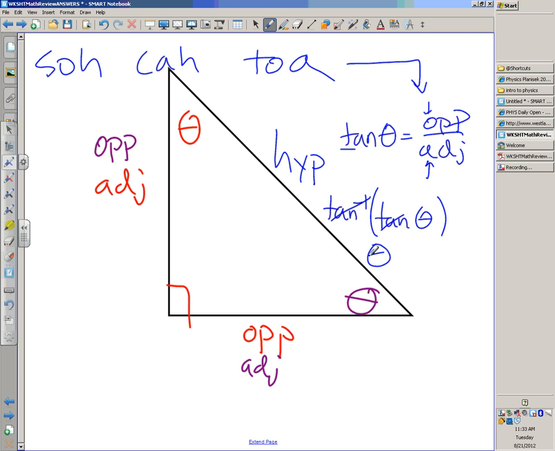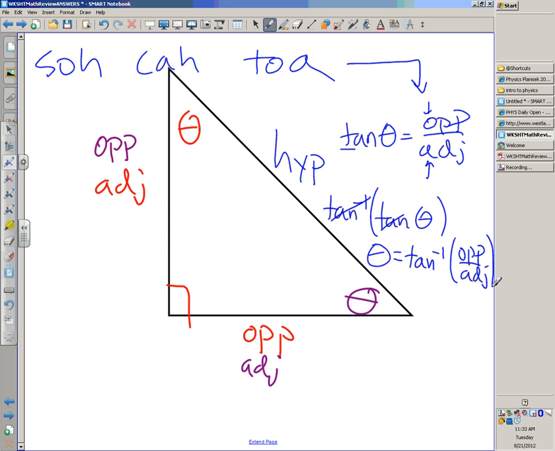But if you take the inverse tangent of the one side of the equation, you've got to do it on the other side of the equation as well. So we can solve for the actual angle by taking the inverse tangent of whatever opposite over adjacent turns out to be. Generally, opposite over adjacent is just going to be a number. So you plug that into your calculator, you take the inverse tangent, and that will give you theta.